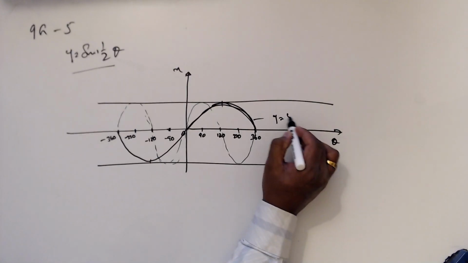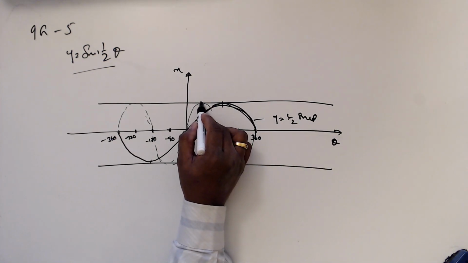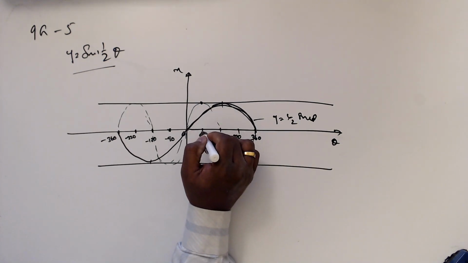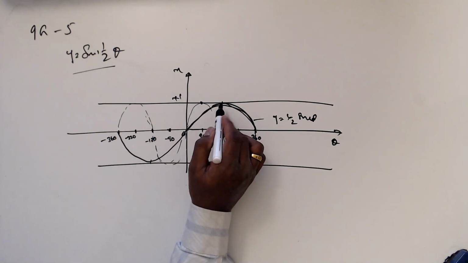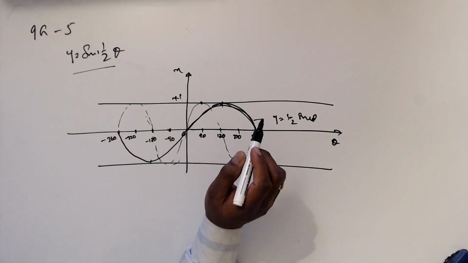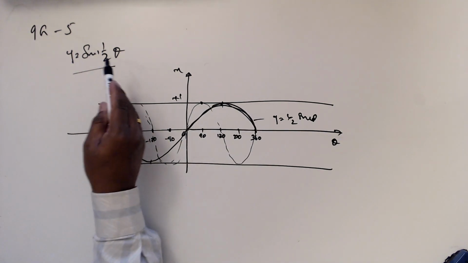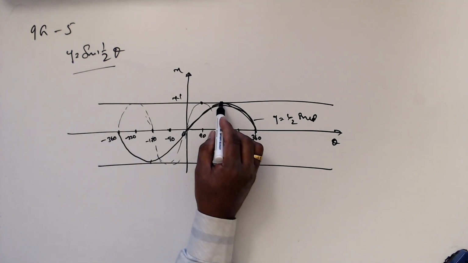This is y equals half a sine theta. You can see in a sine theta graph, this is 90. This is plus 1. But the same plus 1, now you will get at 180. There is a delay, a 2-times delay, to get that plus 1.